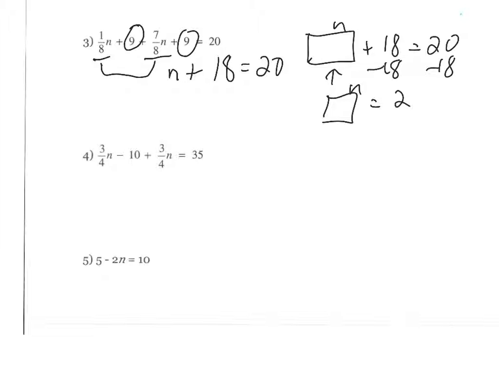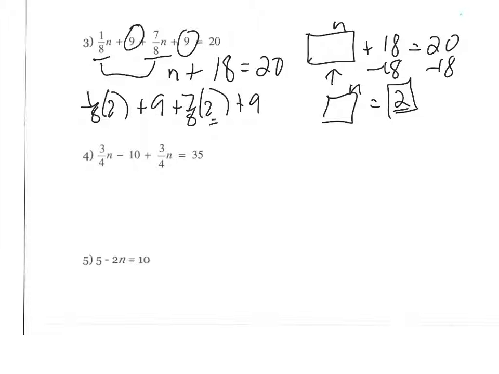And it's always a good idea to check your answer. So we'll say 1/8 of 2 plus 9 plus 7/8 of 2, so I'm just putting in a 2 wherever n was, plus 9 equals 20. Well, 1/8 of 2 is a fourth, plus 9, and what's 7/8 of 2?